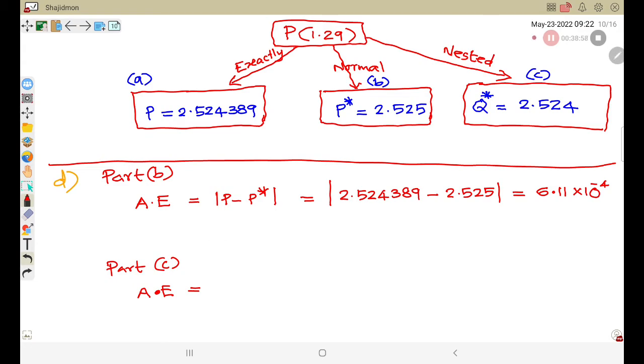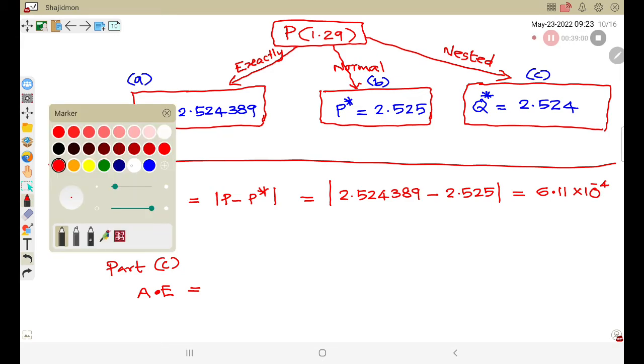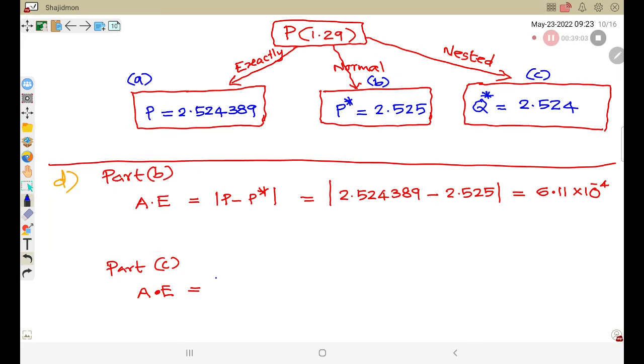Now from part C, what is the absolute error we calculate? What is the absolute error? P minus P star. Instead of P star, we can write Q star. Both are the same, notation only. P star or you can use Q star. Why are you using Q star? Because in part C, we are using the nested method, correct? So instead of P star, we are using Q star.